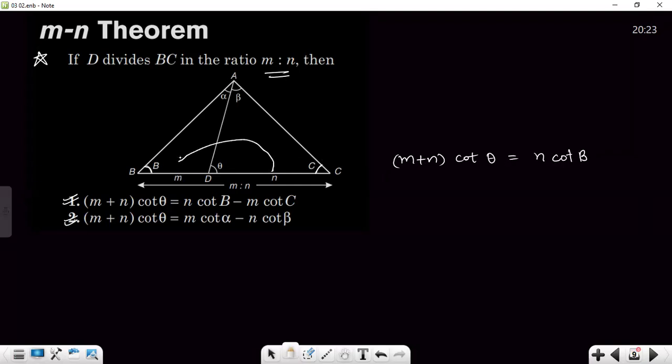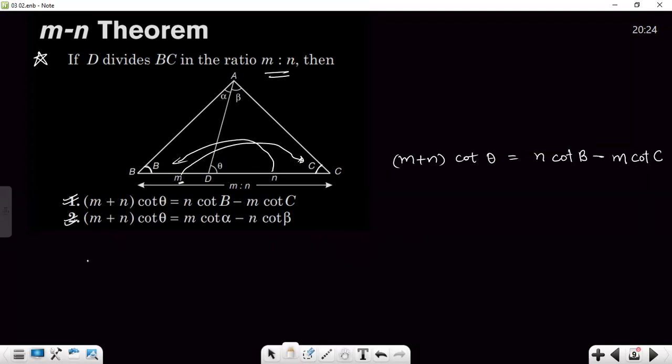Just opposite. Minus M, here it is, cot of C. Where is C? Just opposite. Okay, this is how you can remember the formula by recognizing a pattern.